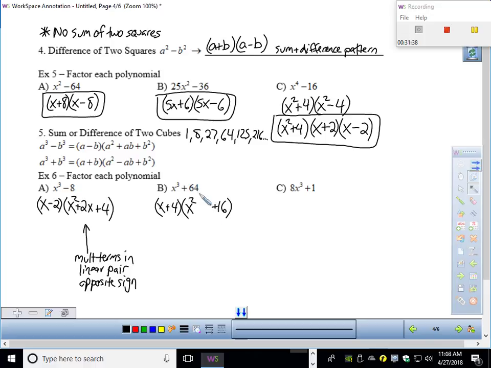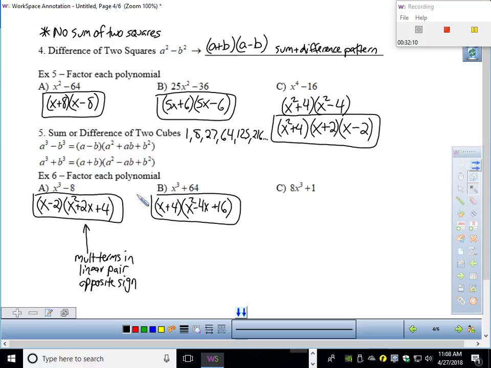Now we have to get the middle, the linchpin of it all. So remember what we did. We take the terms in the linear pair and just multiply them together. X times 4 is 4x. And whatever sign is here, that's the opposite. That's it. Again, I like boxing these things up, so that's looking pretty good.